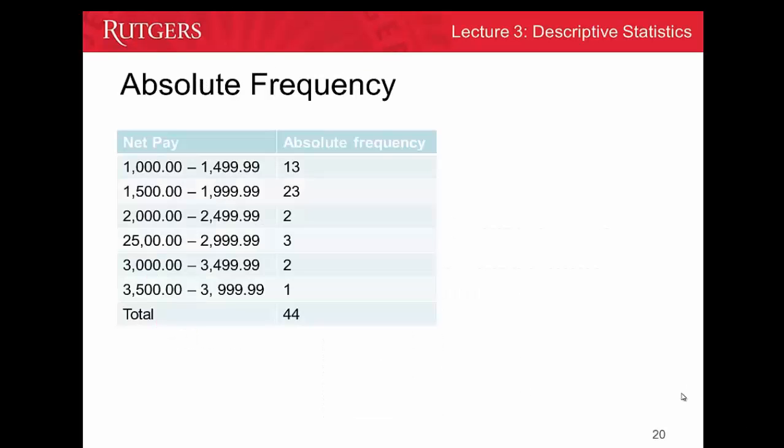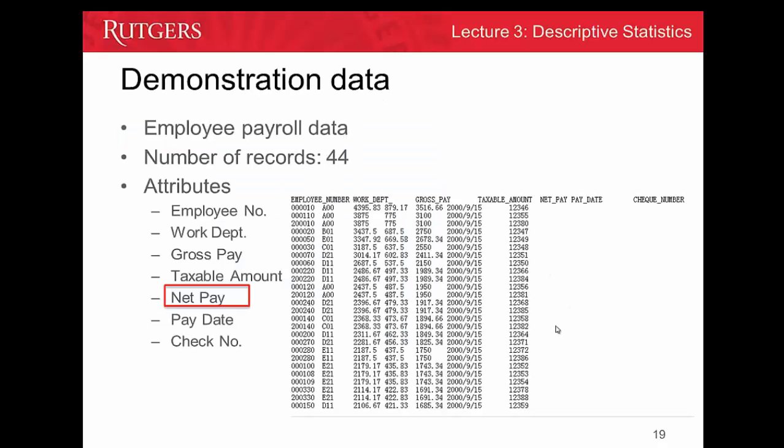Okay. The first type of frequency distribution for the quantitative data is absolute frequency. In the raw data, this column shows the net pay of the employees. We can see that the range for this column is around 1,000 to 4,000.